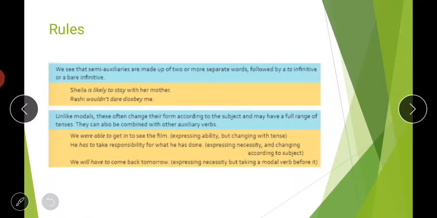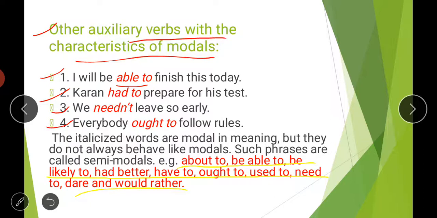So then moving to your next page. Now let us discuss the rules of these semi-modals. We see that semi-auxiliaries are made up of two separate words, like able to, had to, need not, ought to.